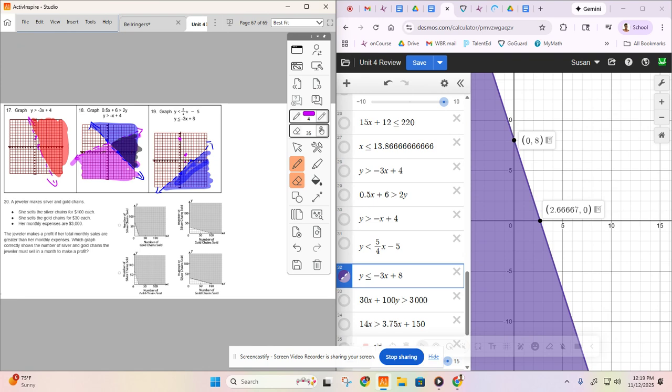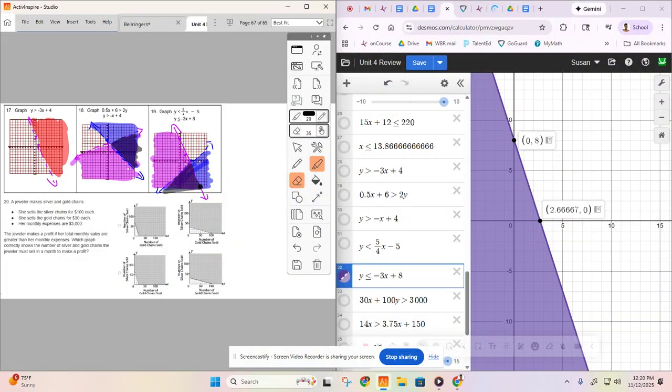It is a solid line, so I'm going to draw a solid line. The shading for that is happening down to the left. My solution to the system is this area of the overlapping shaded region. And it could also be on this purple line, to be correct.